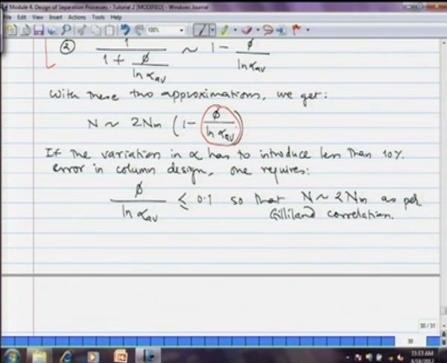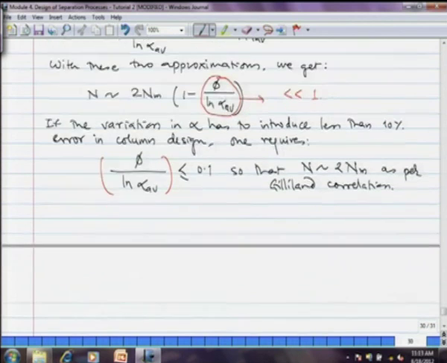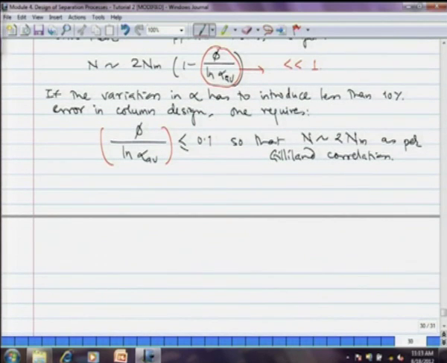If this second expression is far less than 1, then we can ignore it, and then N becomes equal to 2 times Nm, which is the Gilliland expression. That will happen only when the numerical value of phi divided by ln alpha AV is less than or equal to 0.1. So, we get N is equal to 2 times Nm as per the Gilliland correlation.